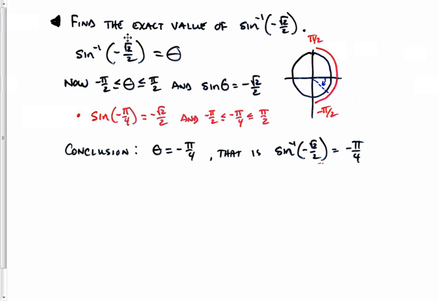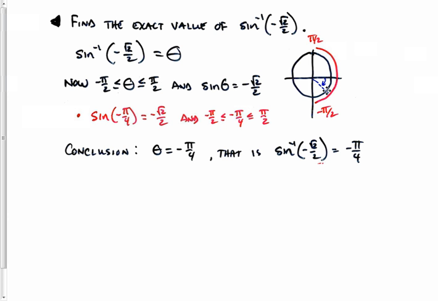So once again, I'm thinking of the inverse sine result as being an angle, and I'm calling that angle theta. Now, here's what we know about that angle theta. It has to be between -π/2 and π/2, and also the sine of that angle theta has to be -√2/2. So we begin searching. Sine of what angle is -√2/2?